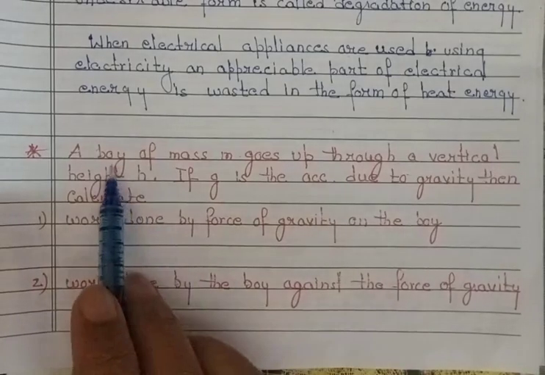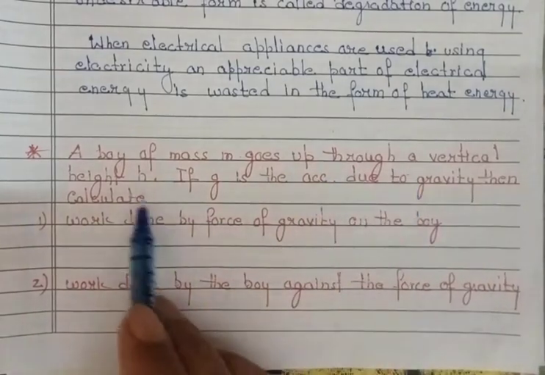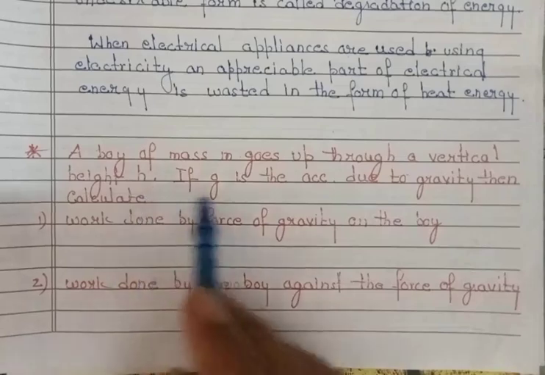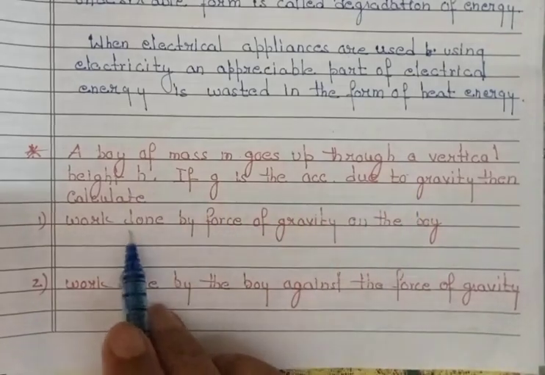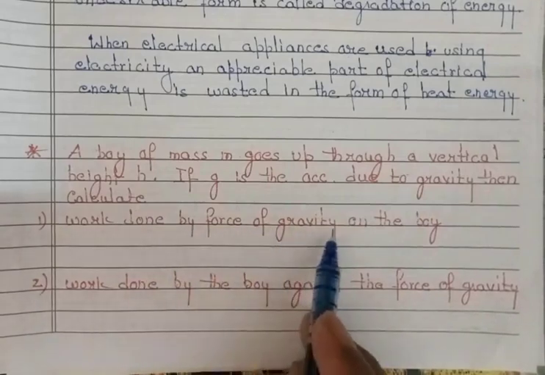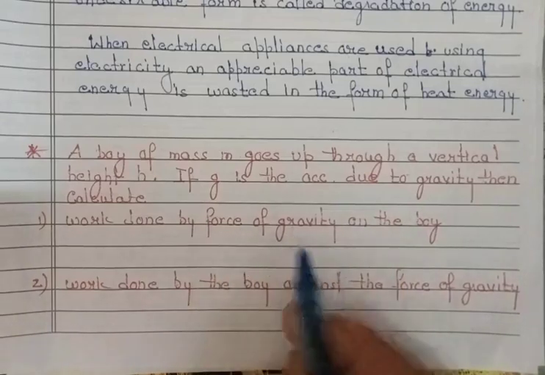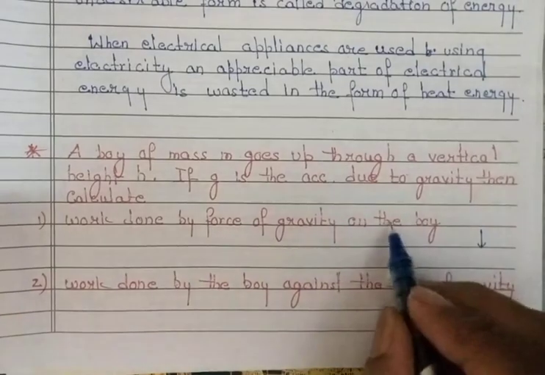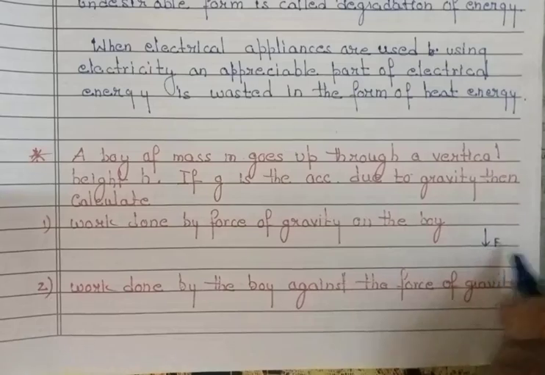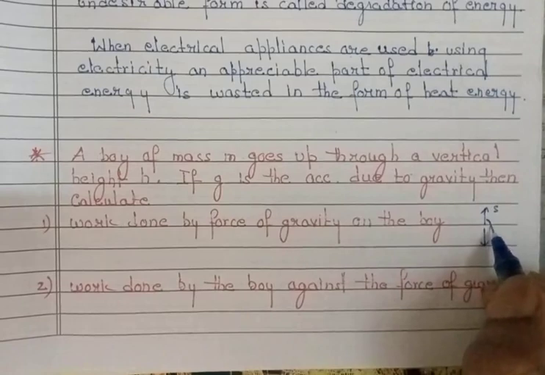Now this question says a boy of mass m goes up through a vertical height h. If g is the acceleration due to gravity, then calculate work done by force of gravity on the boy. See, this force of gravity will be acting in the downward direction, whereas the displacement of the boy is in the upward direction. So you are getting an angle of 180 degree here.